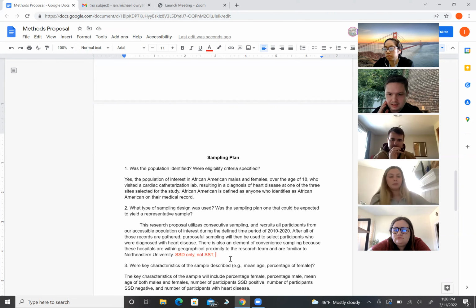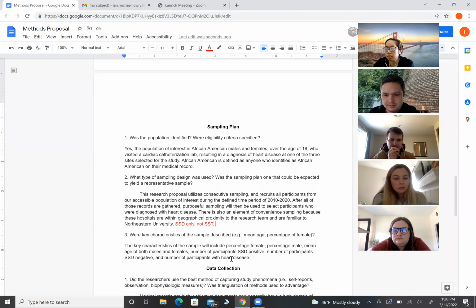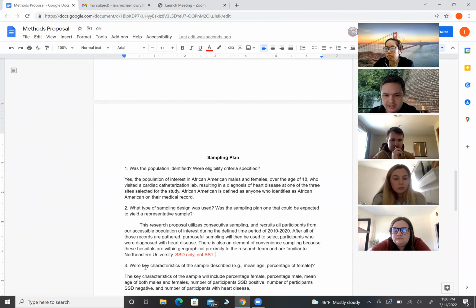Is there anything else in the sampling plan? I think that's good. Okay, and then the third point here was, were characteristics of the sample described? For the sample, we look at percentage female, percentage male, mean age of both males and females, number of participants sickle cell disease positive, number of participants sickle cell disease negative, and then the number of patients with heart disease.